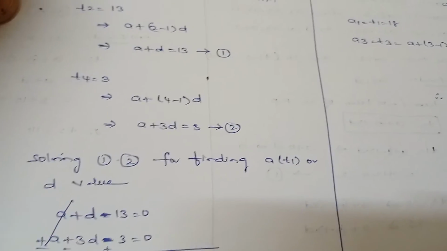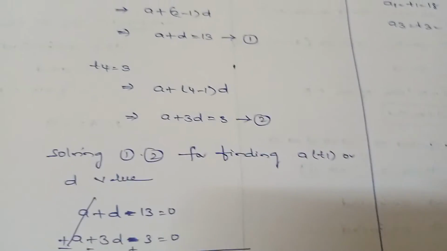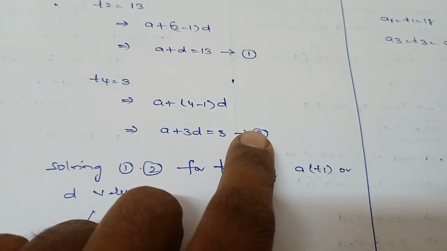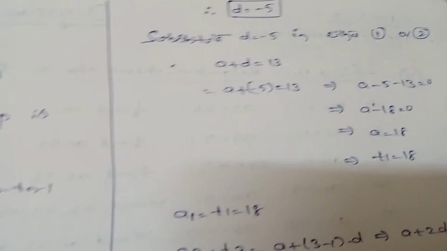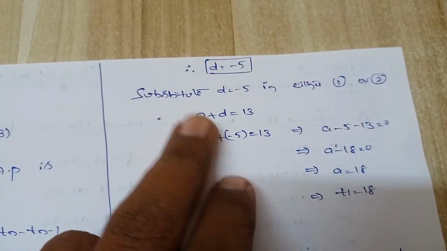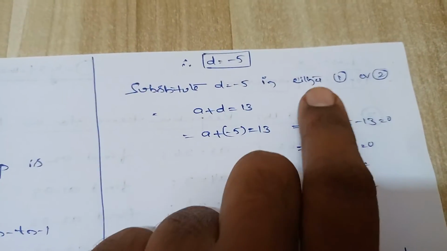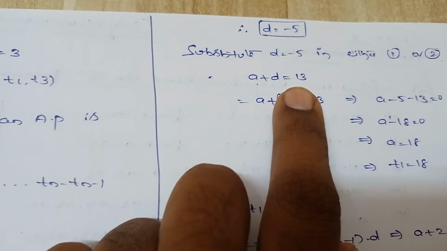Then how to find A value? So substitute the D value in any one of the equations, either equation 1 or 2. Okay, so I am substituting in the equation 1. You can substitute in any equation, you will get the same value. Substitute D equal to minus 5 in either equation 1 or 2. So what we get? A plus D equal to 13.